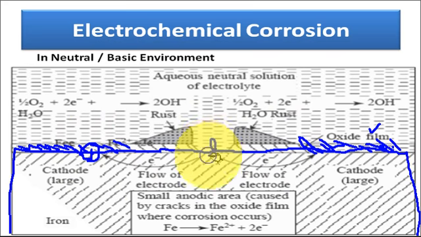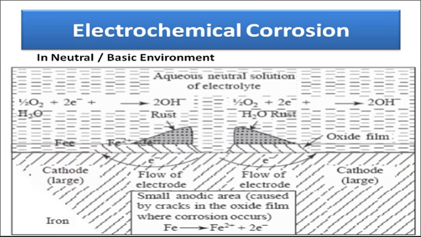Second is the area which is not covered by the oxide layer. So the area at which metal surface is in direct contact with the environment is the anodic area. This is the anodic area, while the other large area which is covered by the oxide layer is the cathodic area. Clear?